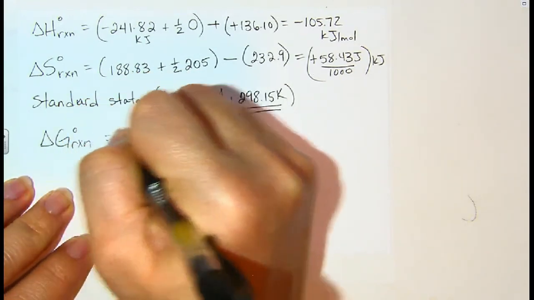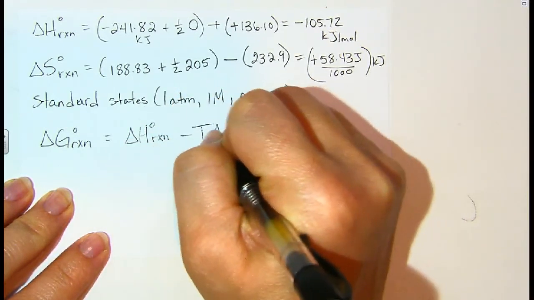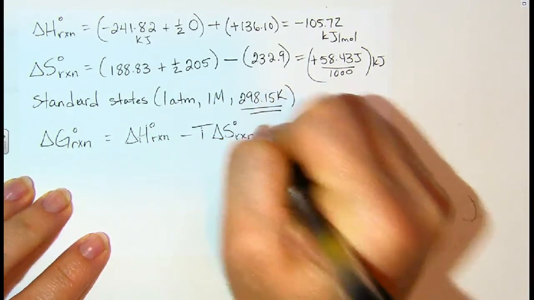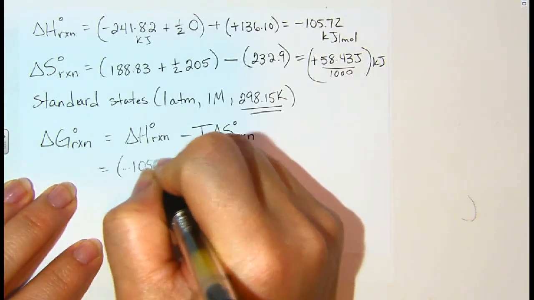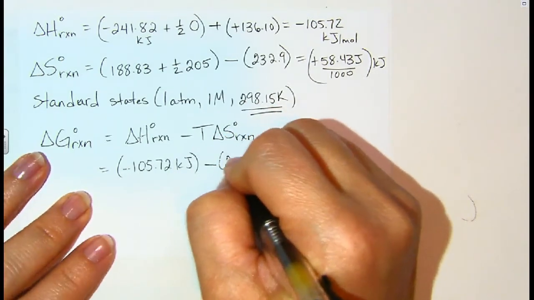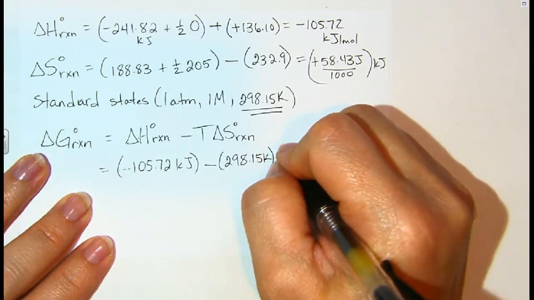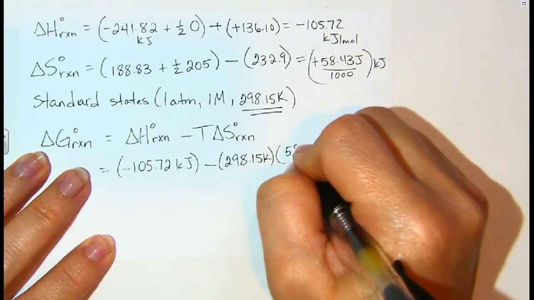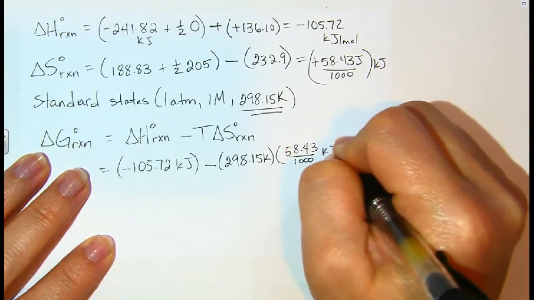Delta G of reaction equals delta H of reaction minus T delta S of reaction. So we get negative 105.72 kilojoules minus 298.15 Kelvin times 58.43 divided by 1,000 kilojoules.